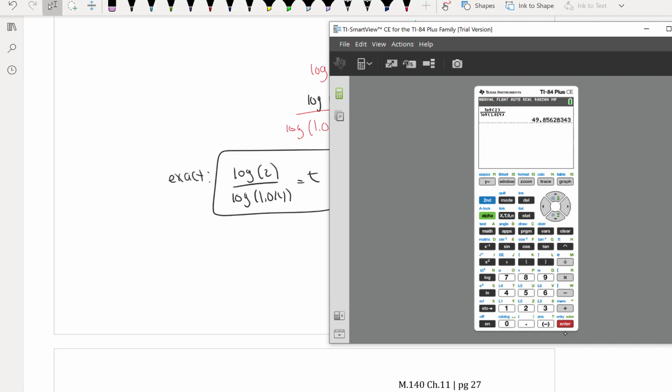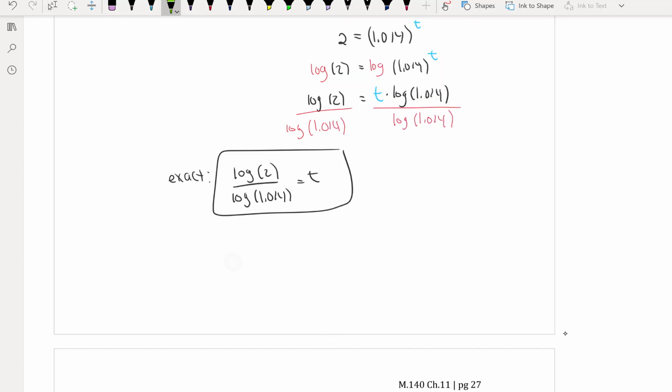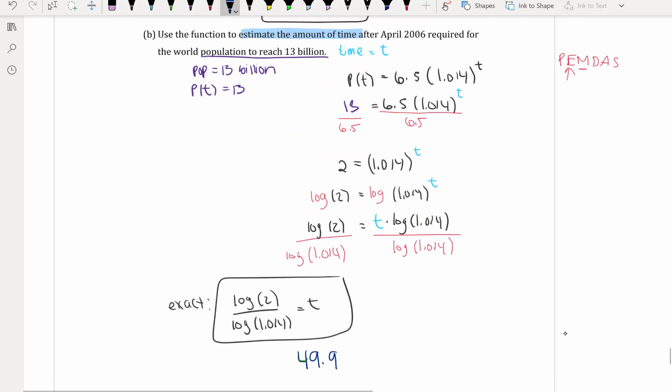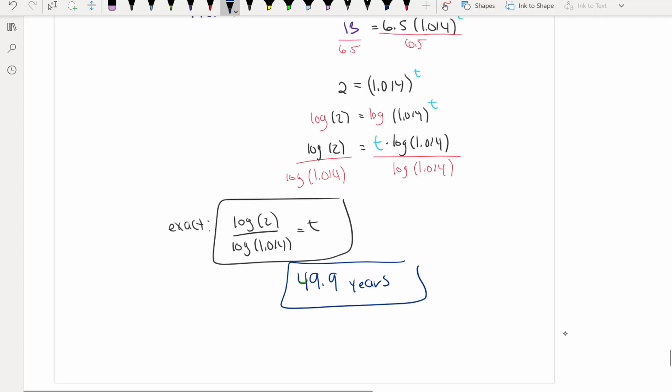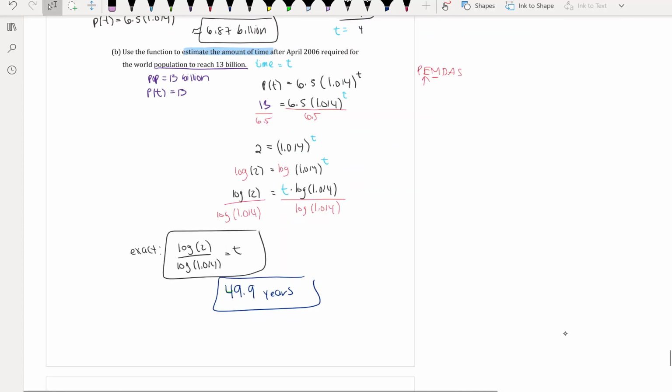So I'm just going to say it's 49.9. Okay, so 49.9. And it is my time, so it's going to be my years. So in about 49.9 years, the world population would be about 13 billion, okay? All right.